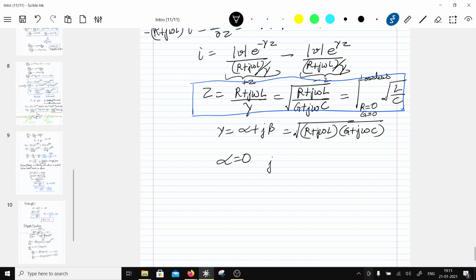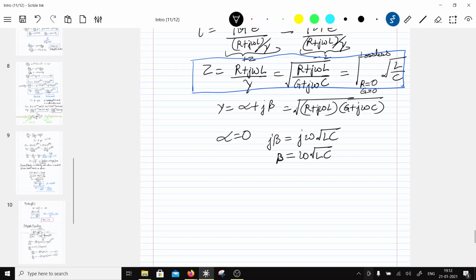So j beta would be equal to j times root of, so j will come out, omega will come out, and you will have root of LC. So beta would be equal to omega root of LC, right?